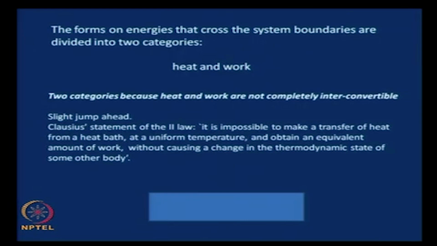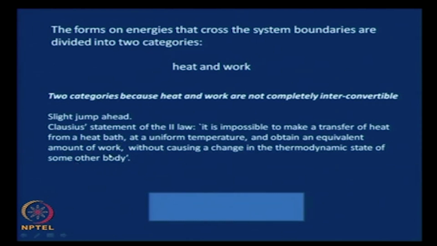To understand this a little better, let us slightly jump ahead. We are going to look at this later, but since this is a review, you have already looked at it, we can jump ahead. The Clausius statement of the second law is as follows: it is impossible to make a transfer of heat from a heat bath at uniform temperature and obtain an equivalent amount of work without causing a change in the thermodynamic state of some other body.